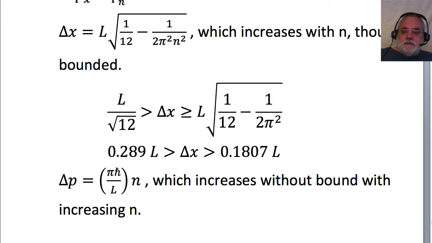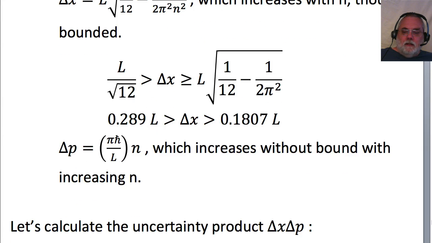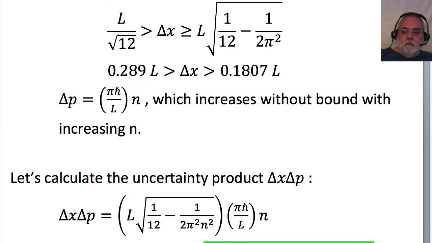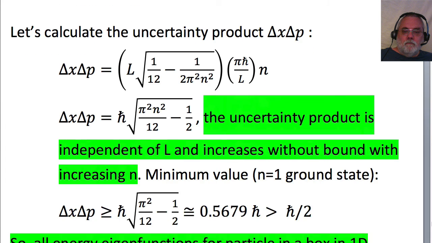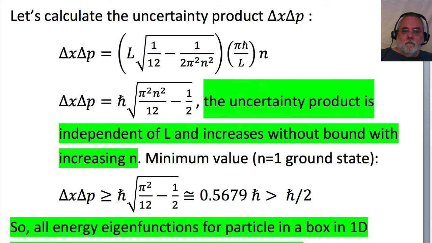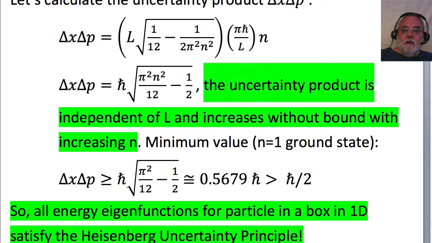Let's calculate the uncertainty product, delta x, delta p. We can just plug in and do the math. We get this formula, h bar times the square root of pi squared n squared over 12 minus 1/2. It does depend on n, does not depend on time.